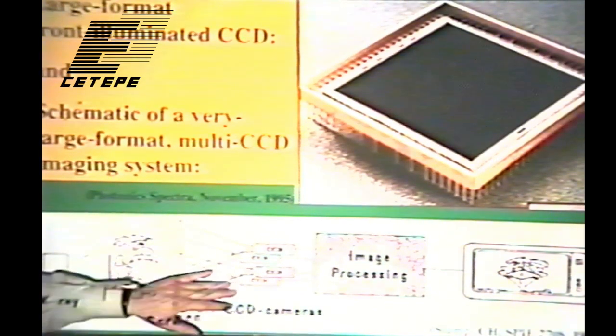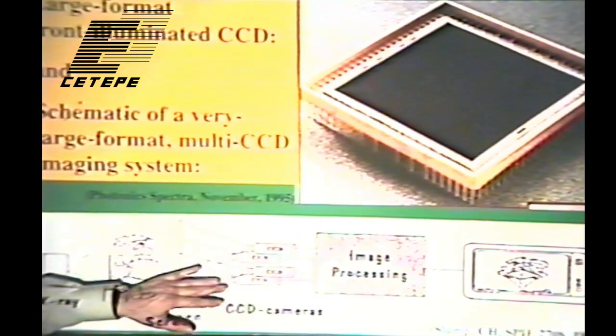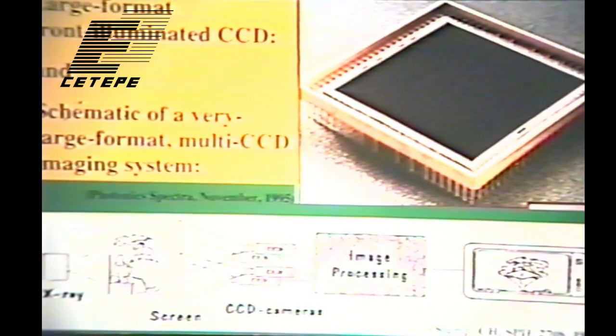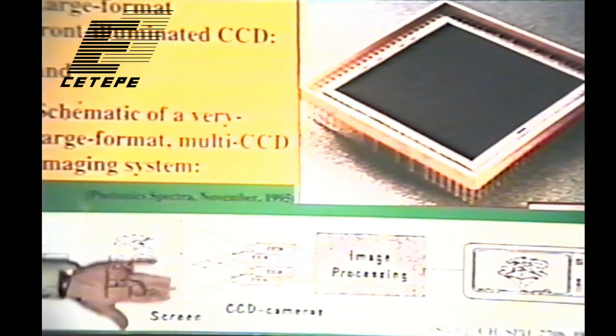One thing some people have contemplated for radiological imaging is shown down here, where you would optically couple a large matrix of CCDs. I've seen one where they've used up to 12 CCD cameras, each focused on a different area of a large phosphor converter like this to make the image.